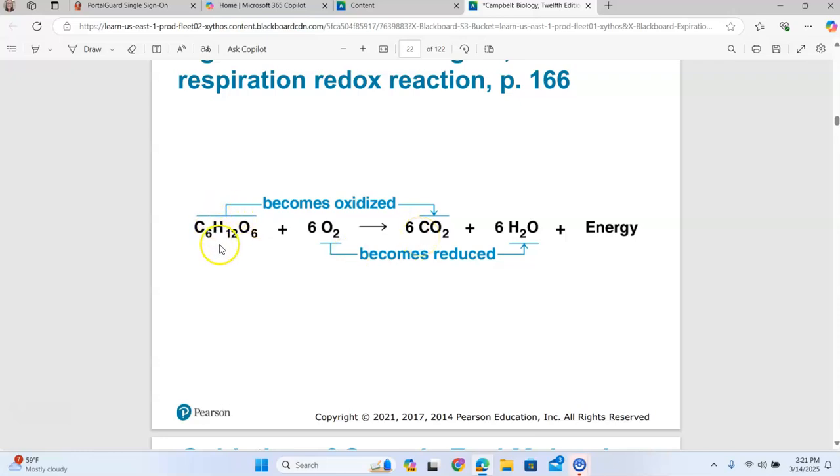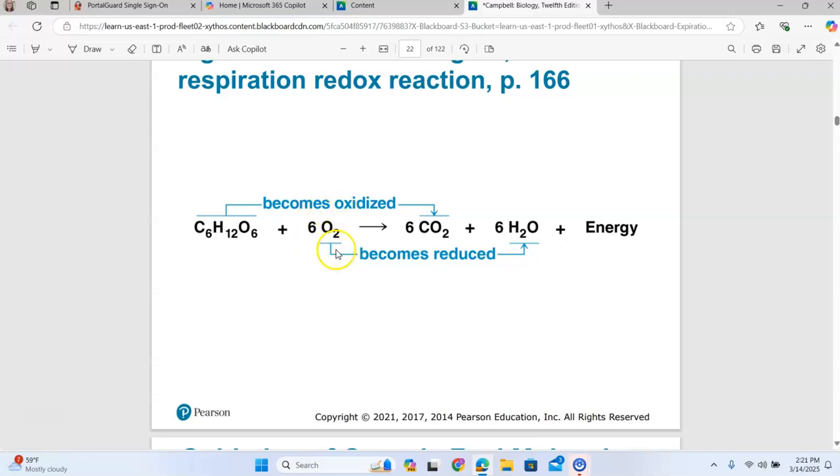In other words, it loses those 12 hydrogen atoms, so it also loses the electrons that were part of those hydrogen atoms. Glucose becomes oxidized. Oxidation is loss.